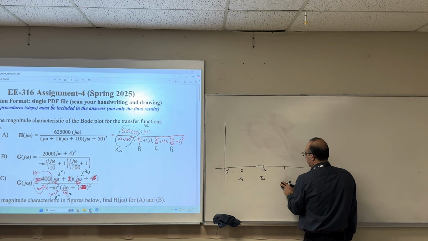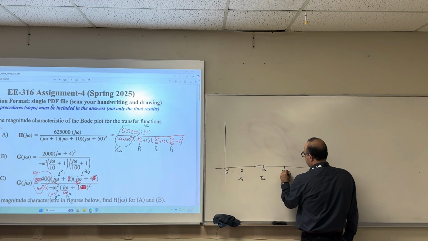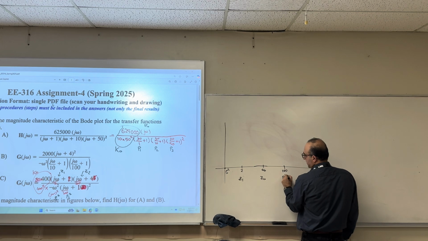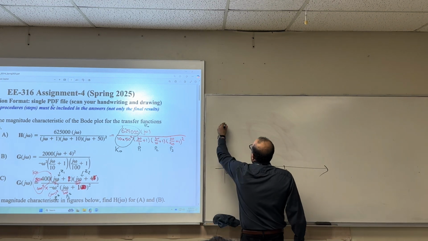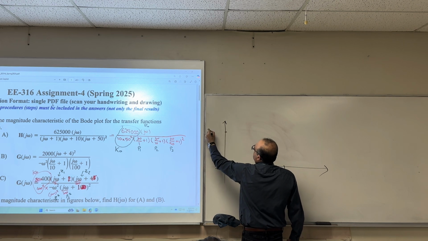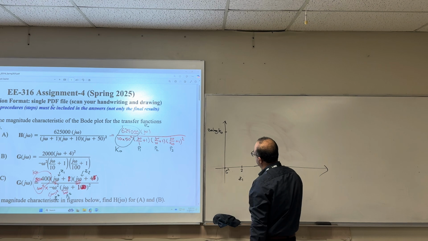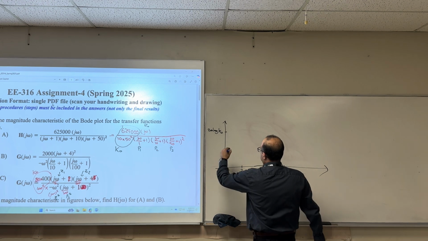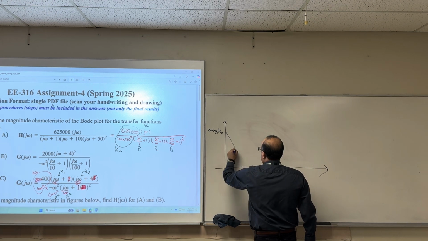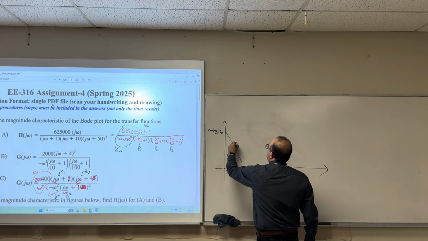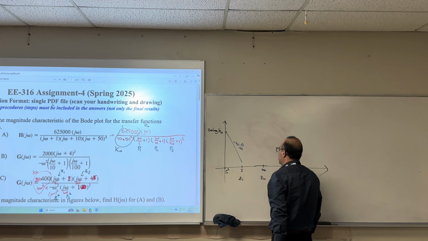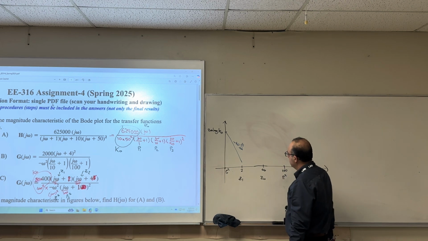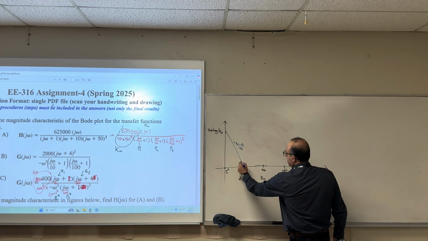So this is 100 upper. It is 20 log of K0 and 2 poles come like this, minus 40 dB per decade. Then I have 1, 0 and 1, 0 here.